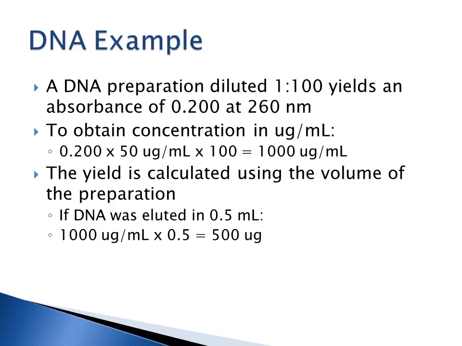So you would take 1,000 micrograms per mil times 0.5 mils to get 500 micrograms, and that's your total DNA yield.